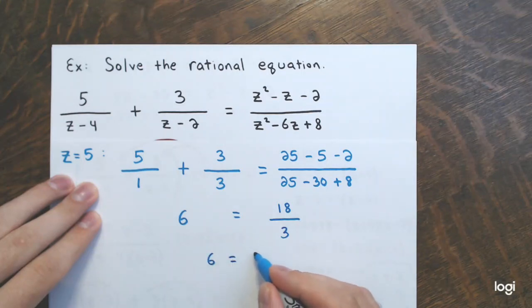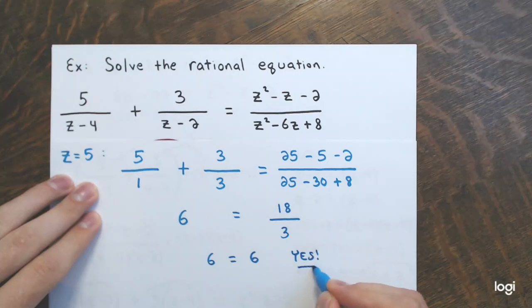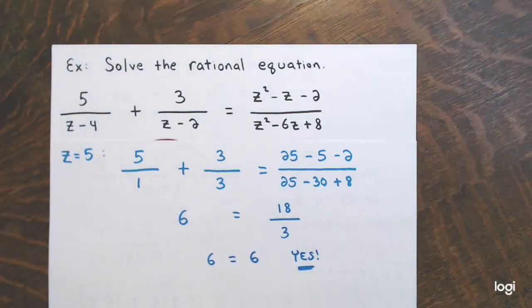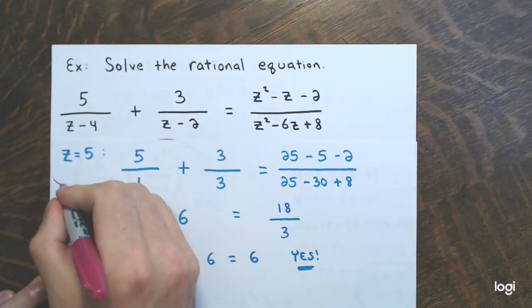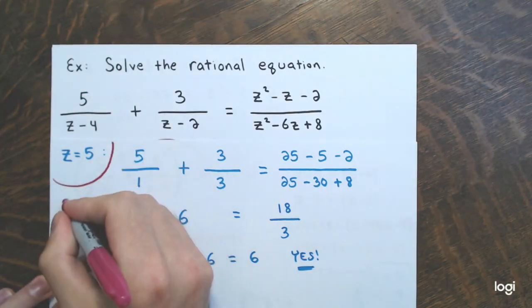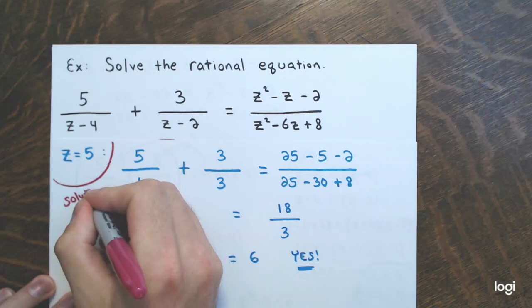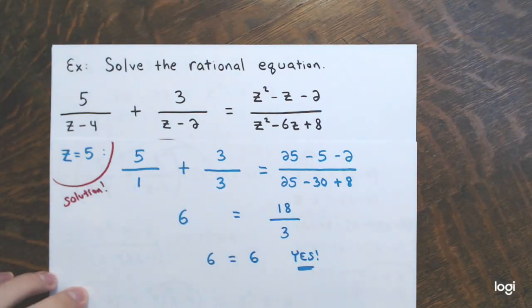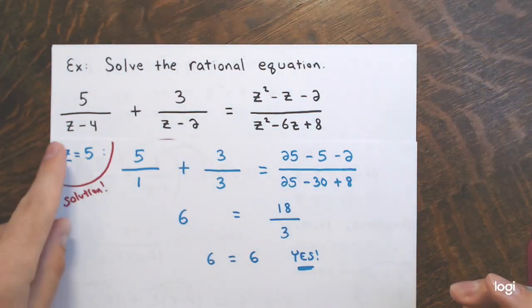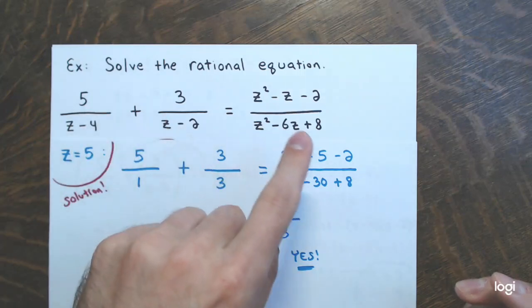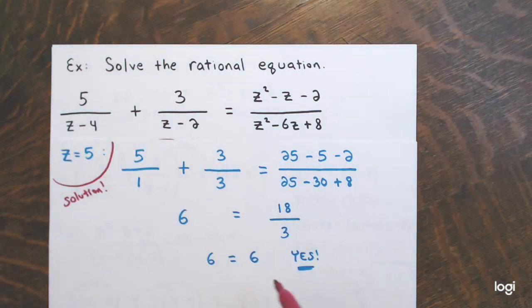We're getting 6 equals 6. Good. So z equals 5. The number 5 is a good solution to this equation. I replace z with 5 and it works. We get 6 equals 6, a true statement.